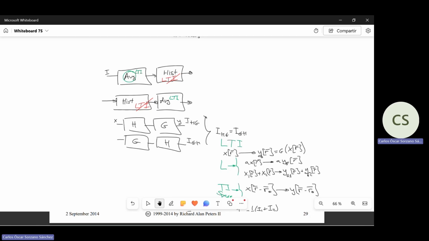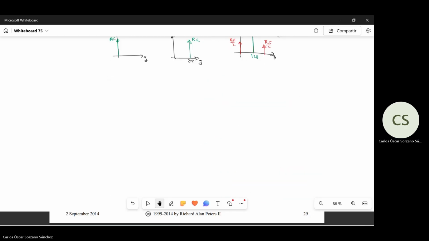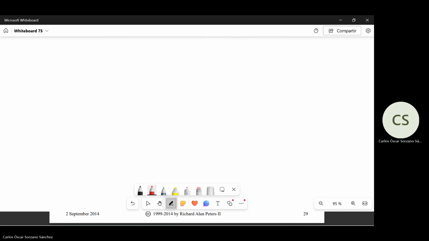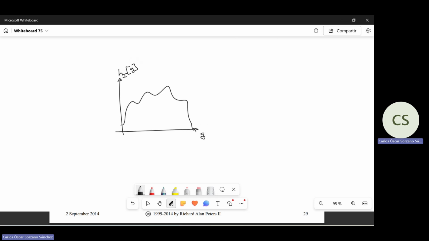The first thing has already appeared somehow. Let's say this is a histogram of my gray values, and I have some function here. My function is always discrete, but I'm lazy to draw all the bars.